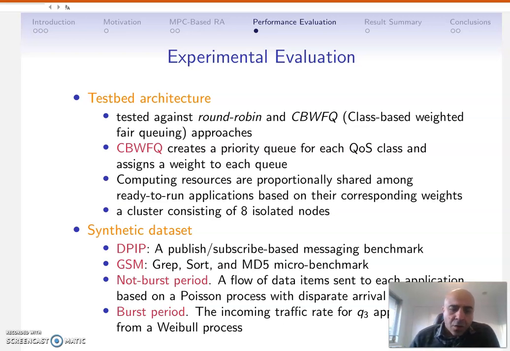And we also define two different periods, called non-burst and burst periods. In the non-burst periods, the capacity of the shared applications is enough to process all streaming data and reach the target value defined by users.